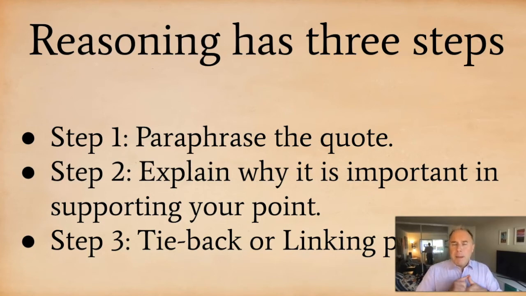The first step is the paraphrasing of the quote. This is when you simply show that you've understood what the quote is actually saying. You're restating the meaning of the quote in your own words. So this is what the author means in their quote. That's to show that you've understood it and to summarize the quote and the point you're trying to make with the quote for your reader.